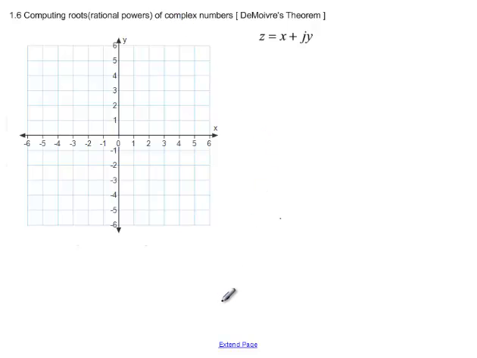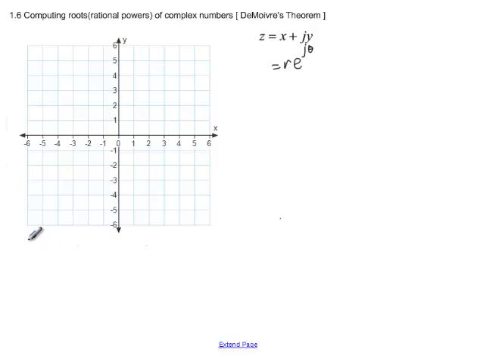Right, how do you start? Let's start at exactly the same point, whereby we take this z equals r e^(j theta), and theta there is an angle in radians. Now, we're talking about rational powers.